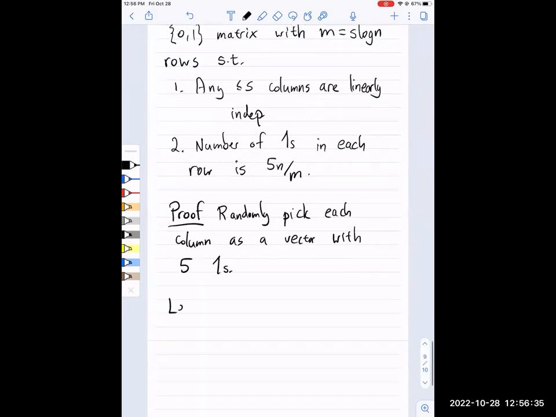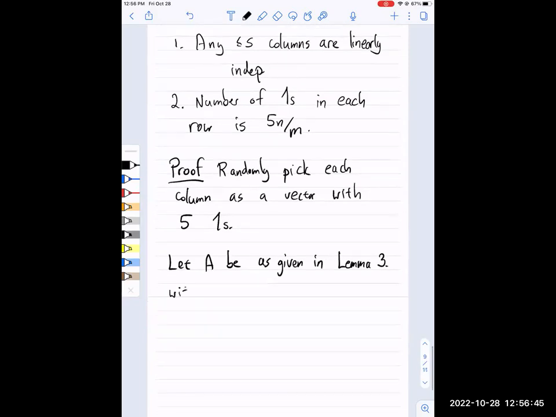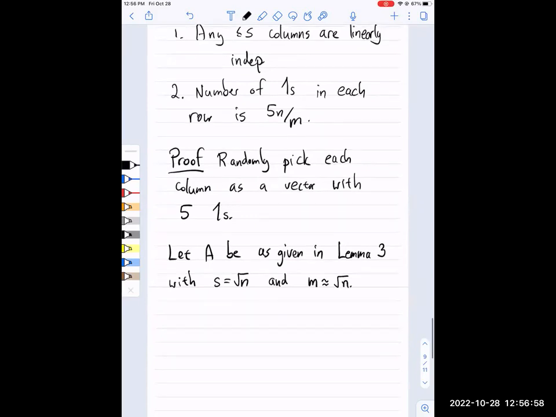So let A be as given in lemma 3, with, let's take S equals square root n, and the number of rows M is similar, roughly square root n. There's some log n there, but it's forgettable. Okay, so again, a square root n by n matrix.